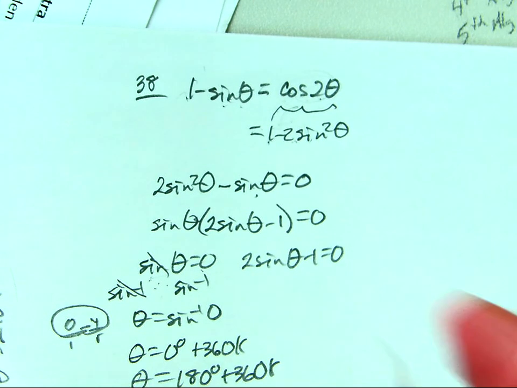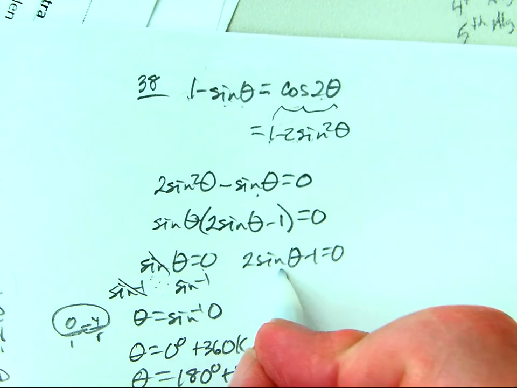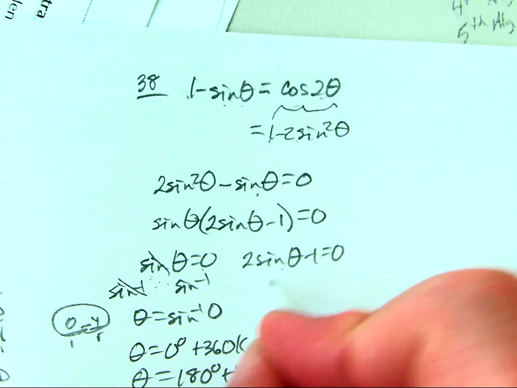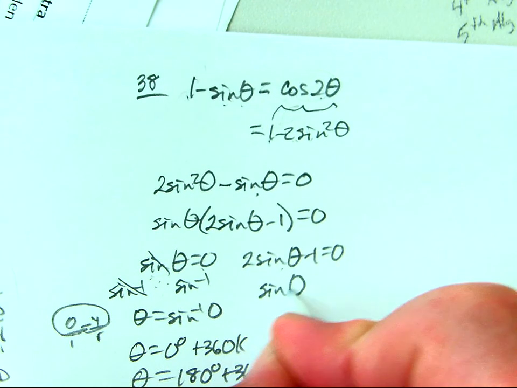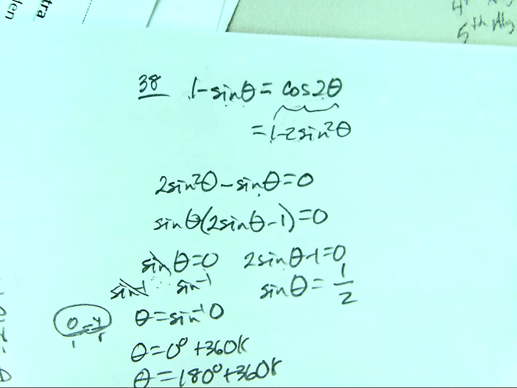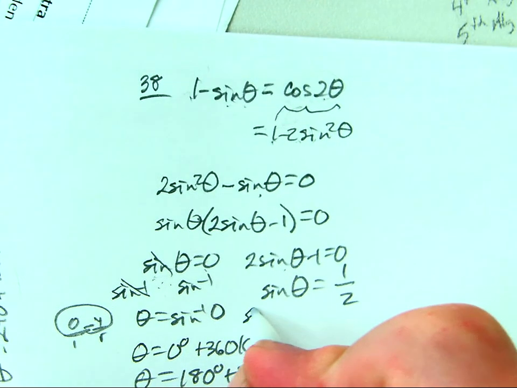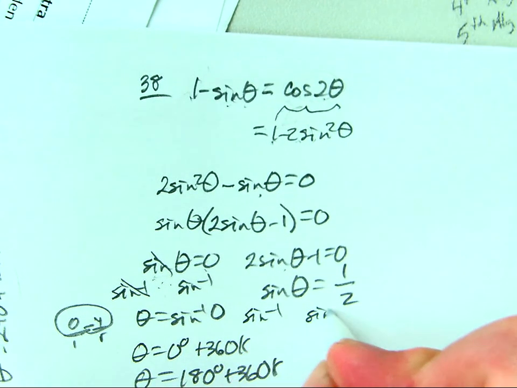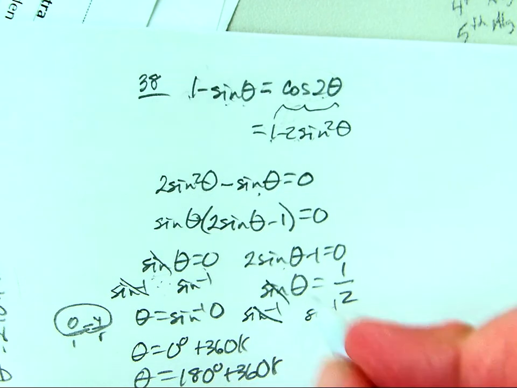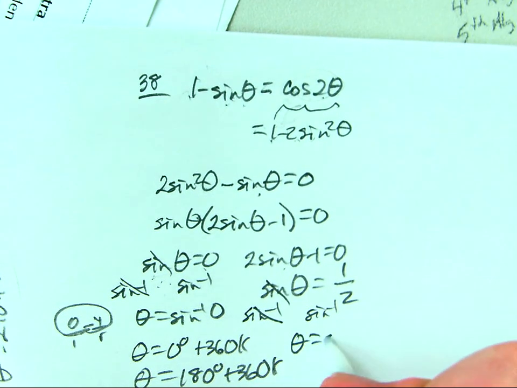So we have those. Now here, again, we have a single trig function, so we want to isolate it. So we're going to add 1 and divide by 2, so we have that. Now if we do the inverse sine, that gets rid of this. So what angle has a sine of 1/2?